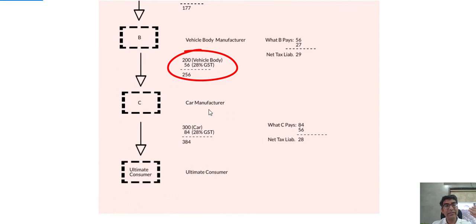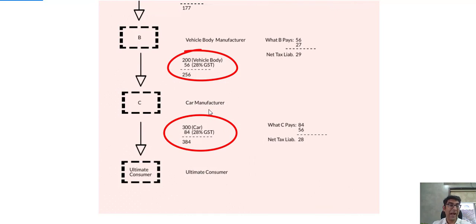And under GST, the car manufacturer, Hyundai, is to only pay tax on that value addition. Now, how does that work? It works the exact same way as it worked for the vehicle body manufacturer. The car manufacturer manufactures the car and sells it to the ultimate consumer.